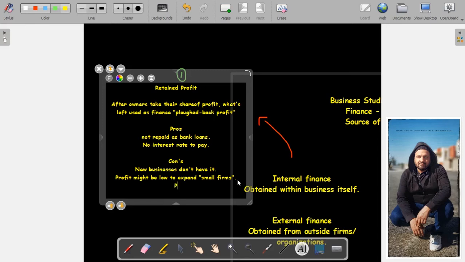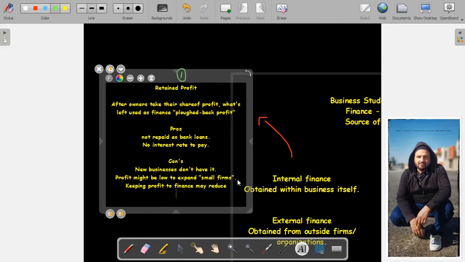So keeping profit to finance may reduce the owners', which as you remember we call the shareholders', dividends.